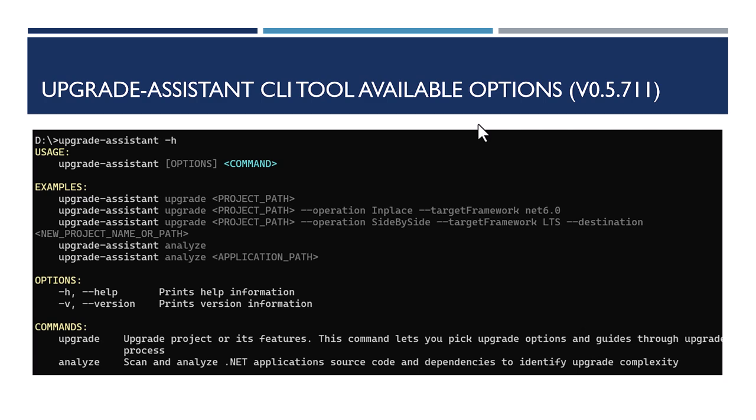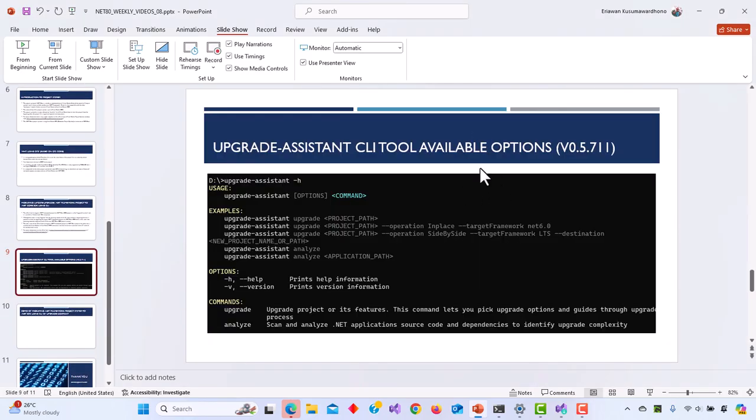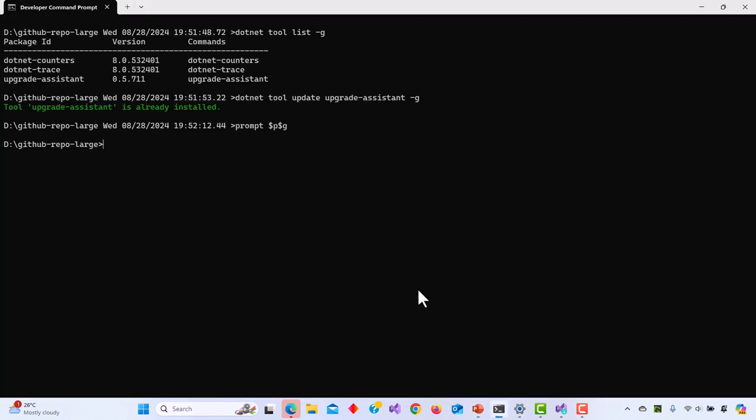And let's see. Again, I already checked the installation of this tool. And now I'm using developer command prompt. But actually, you can use any kind of command prompt because the .NET CLI tool is always available for you.